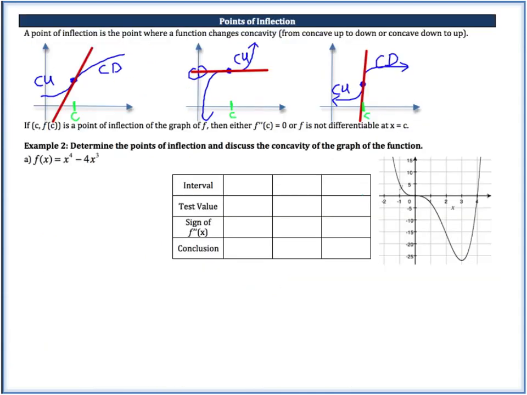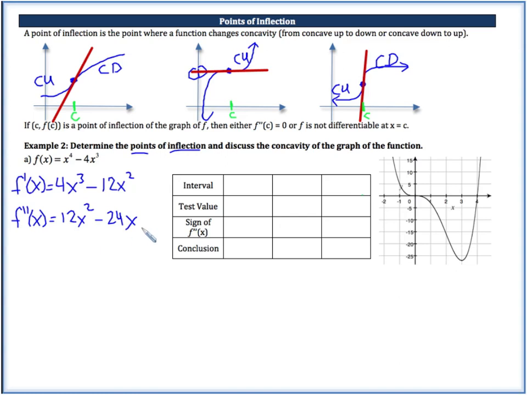Alright, we're going to try this first one together. It says determine the points of inflection and discuss the concavity. They really go hand in hand. Again, we need to find our second derivative. Our first derivative is 4x cubed minus 12x squared, and then our second derivative is 12x squared minus 24x.